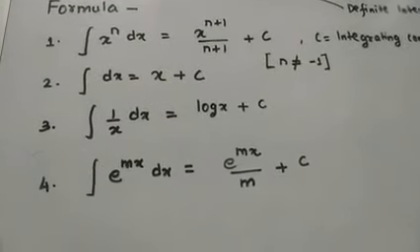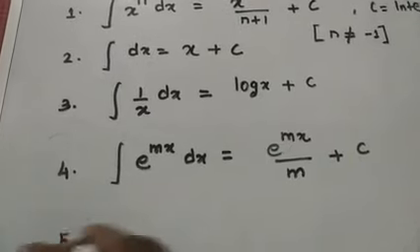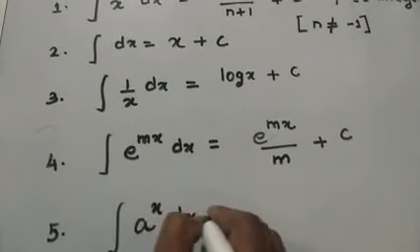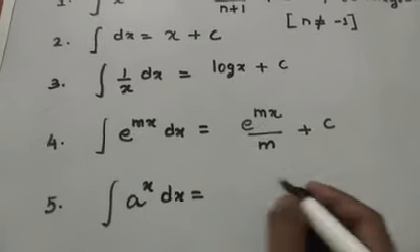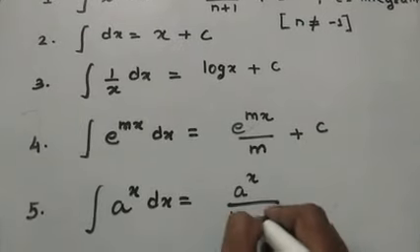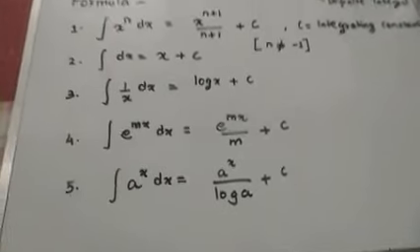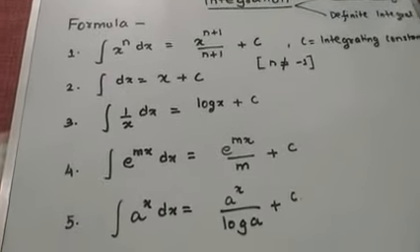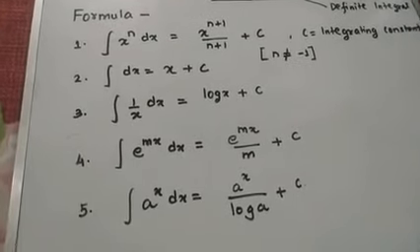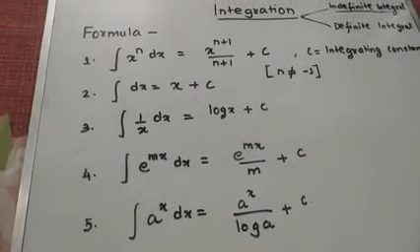And the last, formula number 5: integration of a to the power x dx equals a to the power x by log a plus c. So these are the 5 basic formulas for your integration chapter. Only these formulas are in your syllabus.